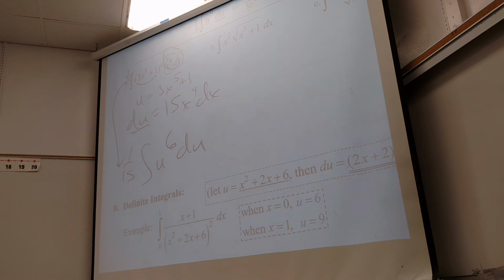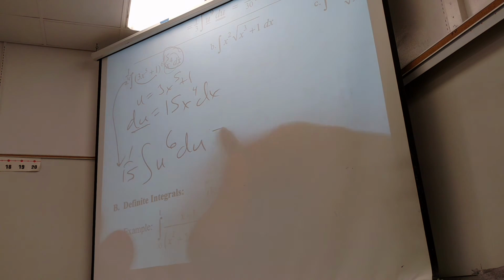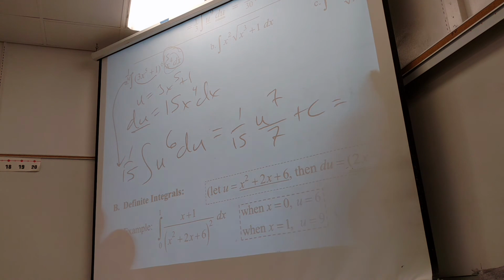Again, if you missed yesterday, that seems like magic. I'm not going to go through that lecture again. And then how do you integrate that? 1 over 15 times u to the 7th over 7. And of course, u was... Let's go ahead and do this.